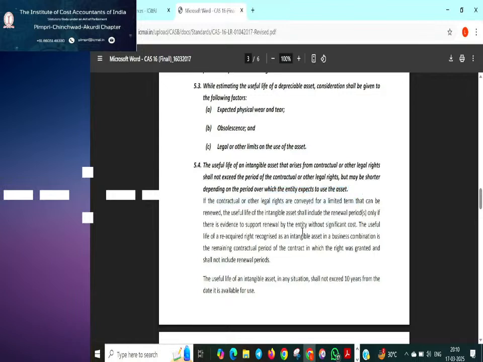That is the period for which the intangible asset will be taken into consideration. Usually it shall not exceed 10 years from the date it is available for use. So this is the important clause that you got to remember. The useful life of an intangible asset in any situation shall not exceed 10 years from the date it is available.